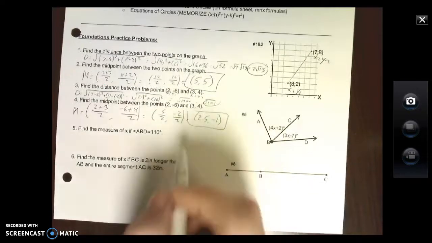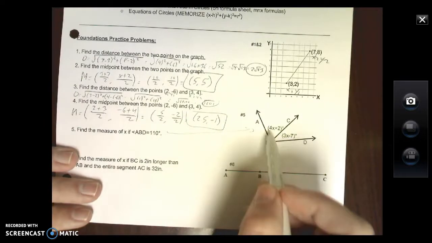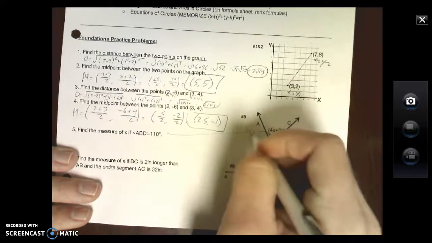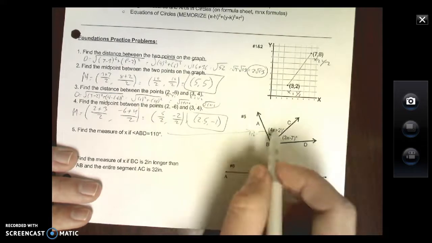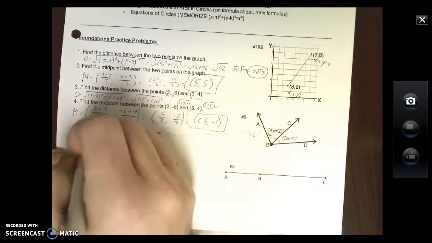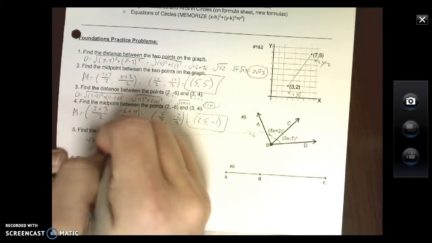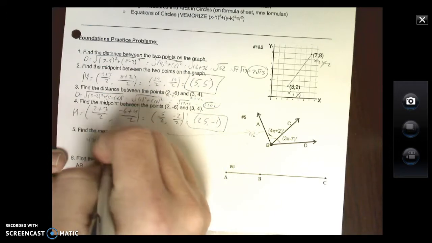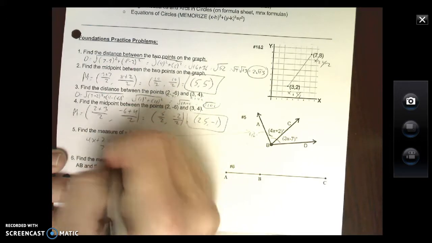Okay. Now, number 5, which goes to this picture over here, they're telling you the entire thing is 110. So this whole thing is 110 degrees. That means the 2 small angles add up to equal 110. This is your angle addition postulate. 4x plus 2 plus 3x minus 7 equals 110. 7x minus 5 equals 110.